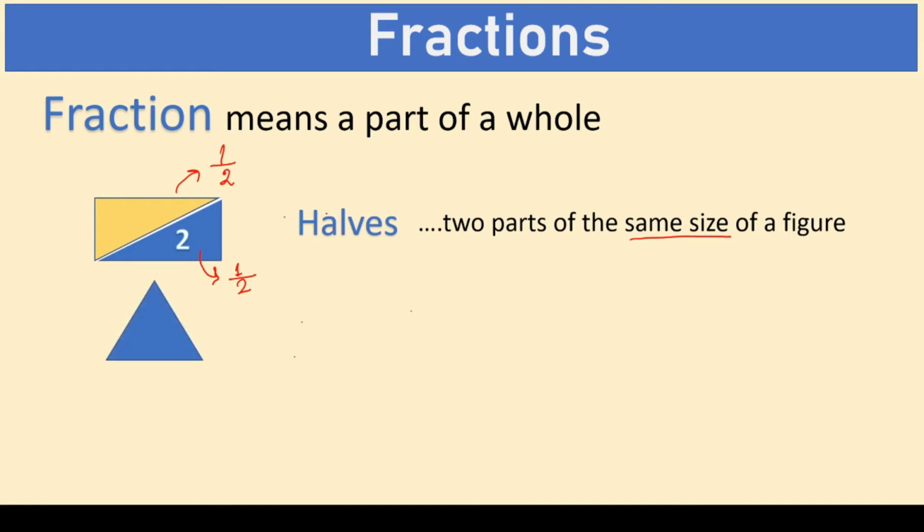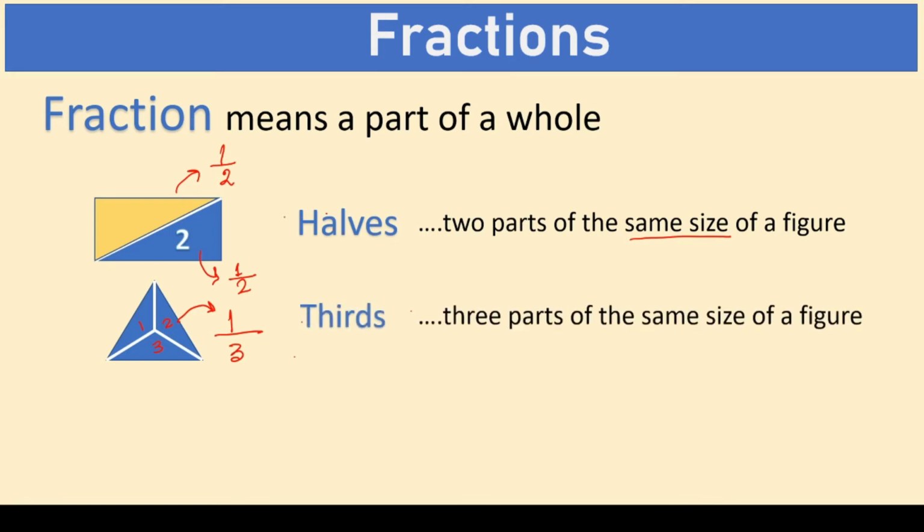Similarly, say if we take a triangle and divide it into 3 equal parts, then one part of it would be equal to 1 out of 3 parts. So these are called thirds, meaning 3 parts of the same size of a figure.